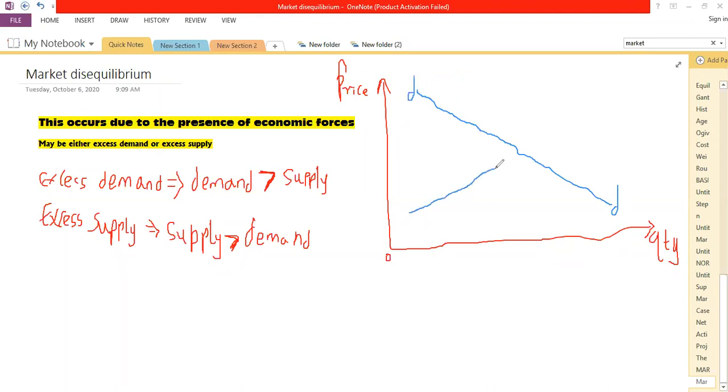Demand sloping downwards, supply curve sloping upwards. At the point of intersection, we have the equilibrium point, giving rise to both the equilibrium quantity and the equilibrium price. Of course, you make it more straight, not like mine.